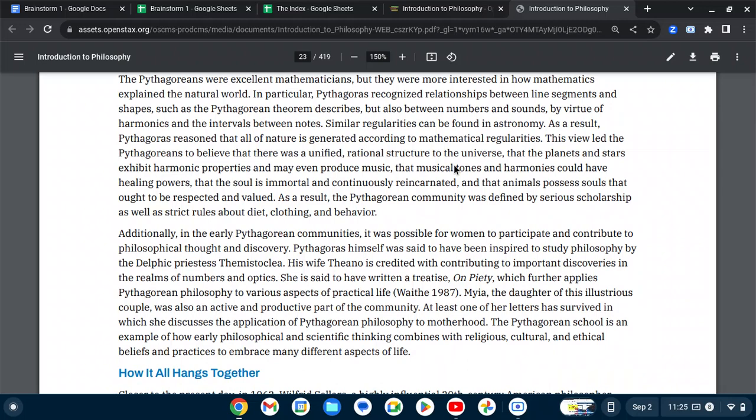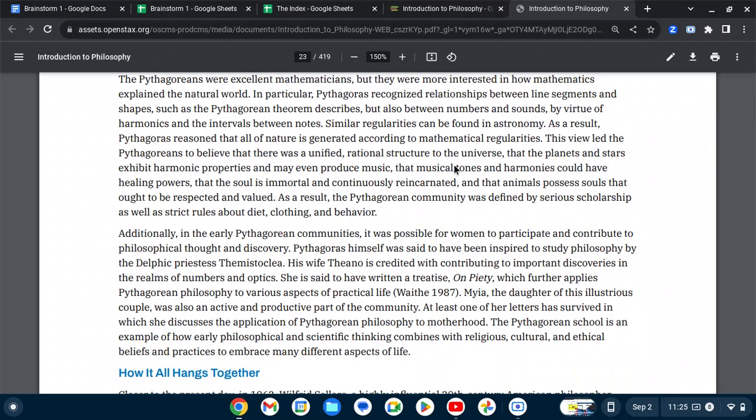This view led the Pythagoreans to believe that there was a unified, rational structure to the universe, and that the planets and stars exhibit harmonic properties and may even produce music, that musical tones and harmonies could have healing powers, that the soul is immortal and continuously reincarnated, and that animals possess souls that ought to be respected and valued.